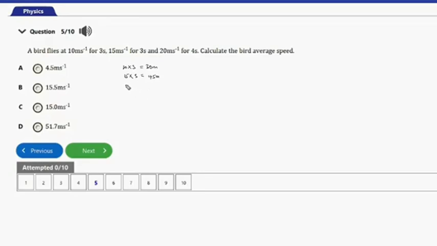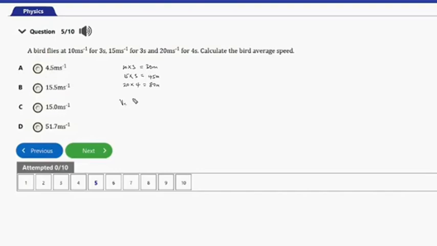And then the distance covered in the third flight is 20 times 4. So that's 80 meters. So if we add up the distances traveled and divide by the sum of the time taken, that will give us the average speed.